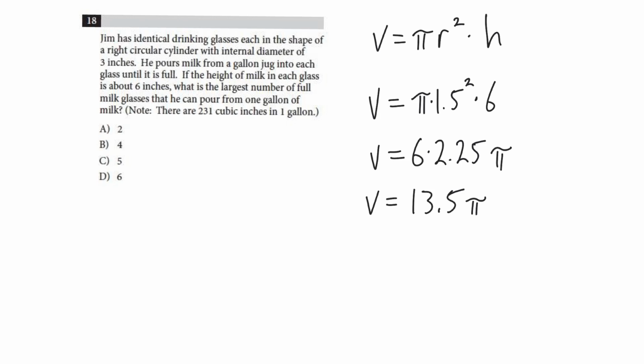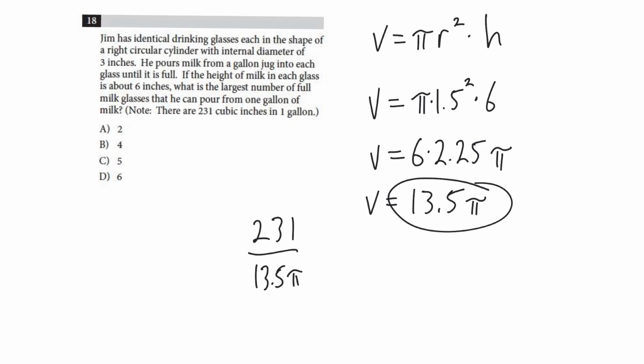And we know that we have a total of 231 cubic inches, and we want to know how many of these glasses we can get out of that. Well, we just have to divide by 13.5 pi. So we get 231 divided by 13.5 times pi.